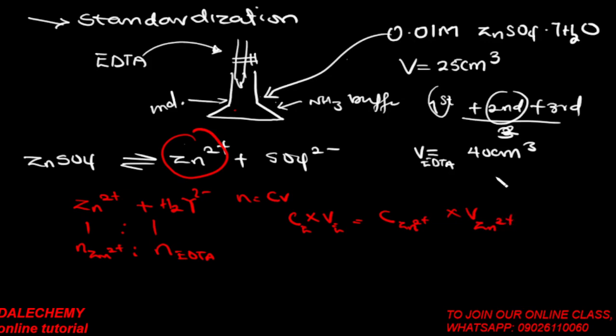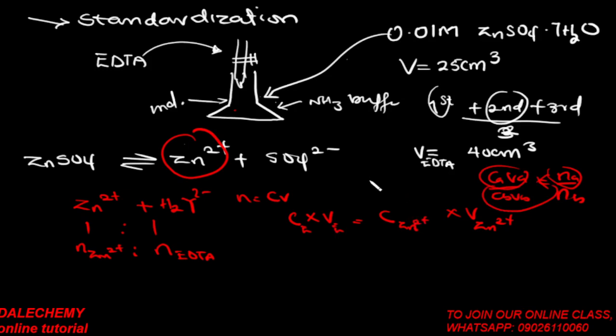Now this is like using CaVa over CbVb equal Na over Nb, because your A you can call EDTA and your B you can call the zinc, because they have the same number of mole, 1:1. So if you are cross multiplying, you have this equal to this.